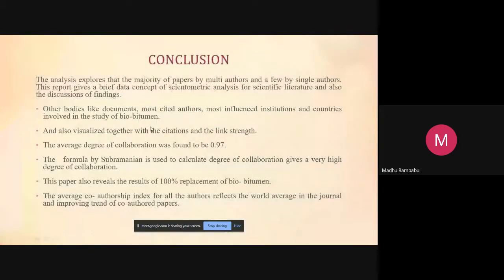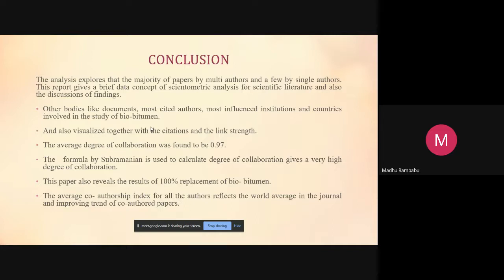And here is a conclusion. This analysis explores that the majority of papers are by multiple authors and a few by single authors. We have seen it before. Many of the papers are by multiple authors, and very few are by single authors. This report gives a brief data concept of scientometric analysis for scientific literature and also the discussions of findings. Other aspects like documents, most cited authors, most influential institutions, and countries involved in the study of biobitumen are also visualized together with the citation and the total link strength.